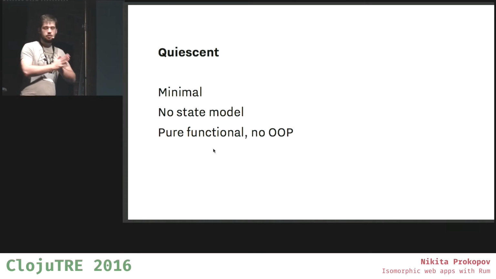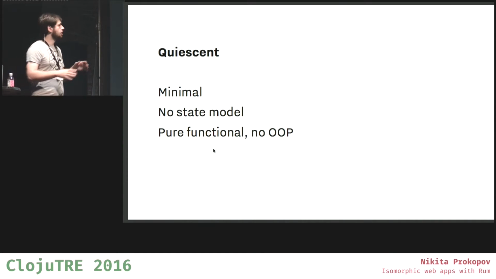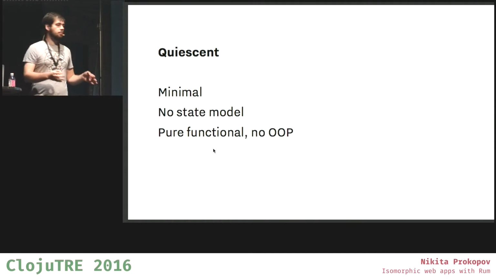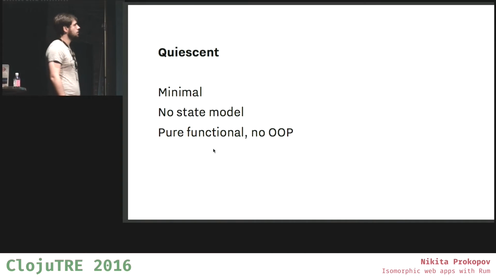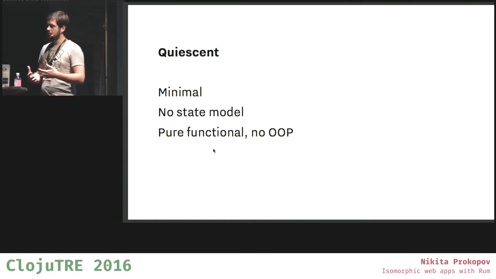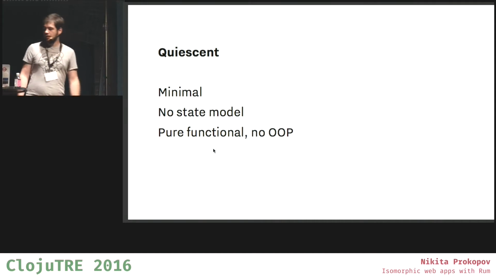And Quicksand was out of that scope. It was really minimal. It removed all the object-oriented paradigms from React.js, and it was based on pure functions. And it was great and felt great for ClojureScript programmers, but it was so minimal that probably for a real application, you will need more at some point. But for small demos, it was really awesome.